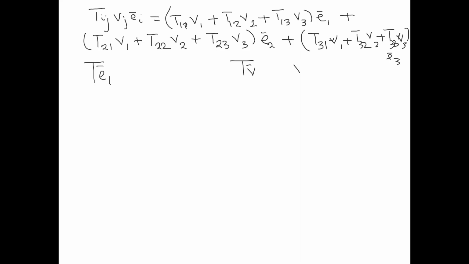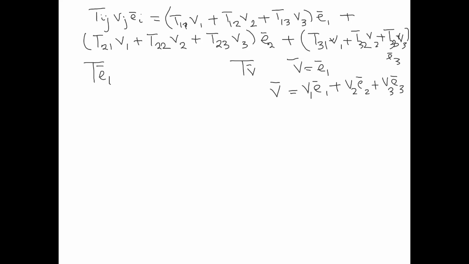So if V is equal to E1, what will be V? We know that when we are writing V in full form, in index notation or component form, it is written as V1 E1 plus V2 E2 plus V3 E3.